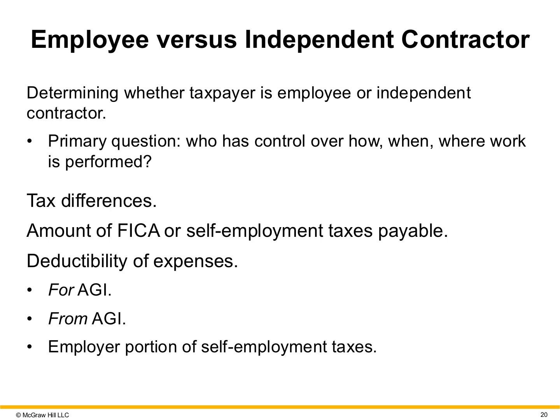All of those questions can help determine the taxpayer's employee or independent contractor status. And again, we talked about that distinction being important because of the amount of taxes that would be paid.